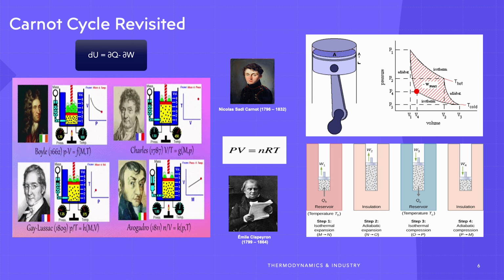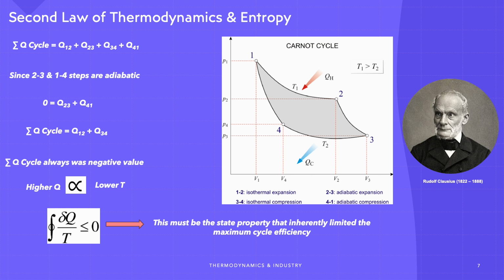Then comes Clausius and makes a very interesting deduction by looking at Carnot's cycle. He sums up the heat flows across all the steps. Since two of these steps are adiabatic, their values are zero. So the whole cycle heat value comes down to the summation of the two isothermal steps. Then he makes two critical observations.